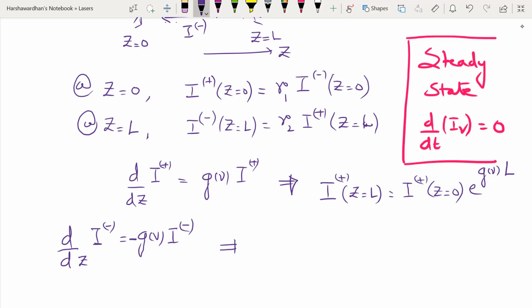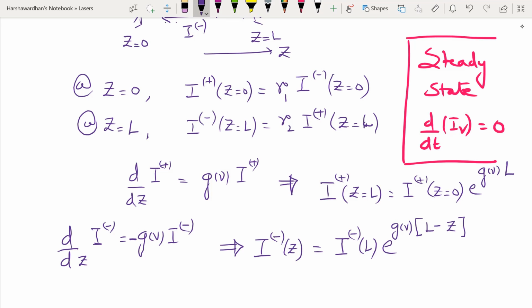And again, the solution I get from this is, remember, that my I minus at 0 is I minus at L times exponential g of nu times (L minus z). Right.